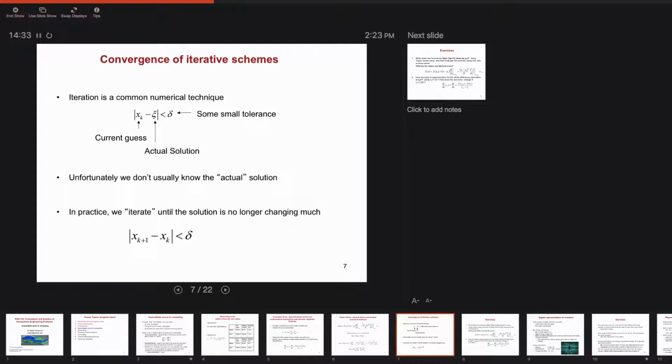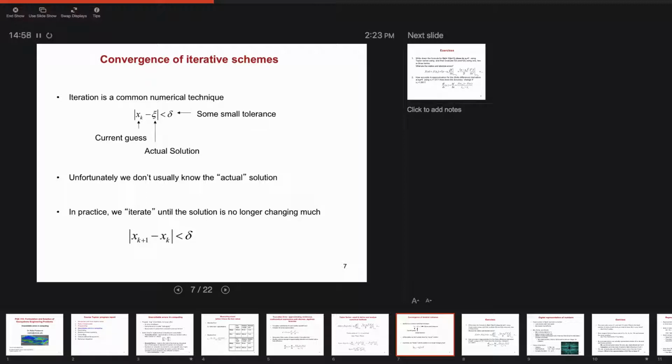Now, when we have an iteration and we are arriving at a solution to a problem by doing a for loop or a while loop, in homework that was the square root function, often you can evaluate the exact error against a true solution if you have that true solution. But often we just have to keep going until the solutions we're getting are close enough.